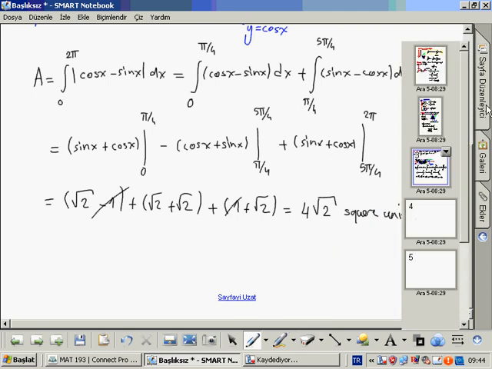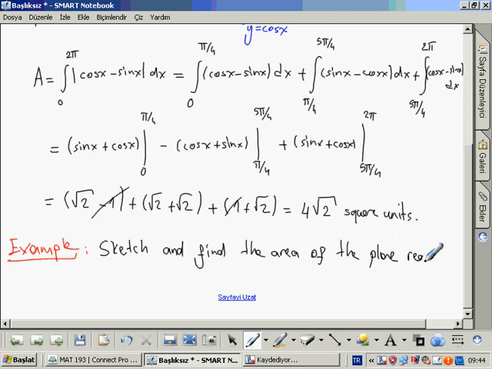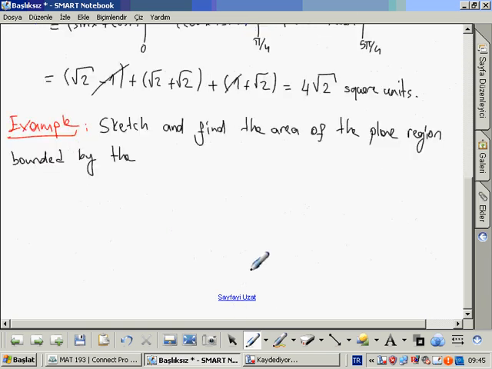Okay, and another example. Sketch and find the area of the plane region bounded by the curves x equals y squared minus pi squared and x equals sine y.